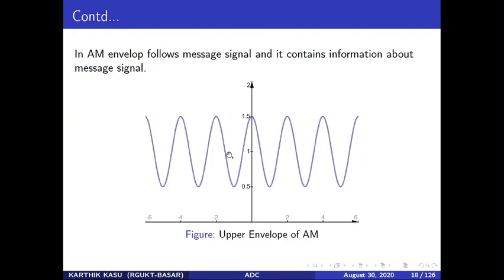Which means in AM, the envelope will have information about our message. Otherwise, in AM, the envelope follows the message signal, or it resembles, or it is just like the message signal. It is similar to the message signal.